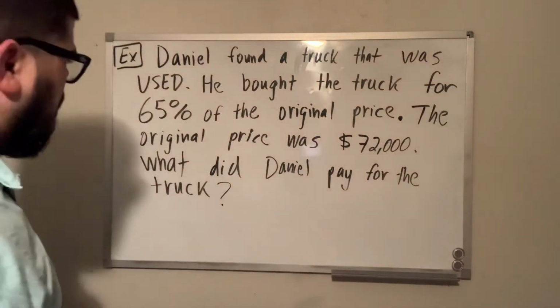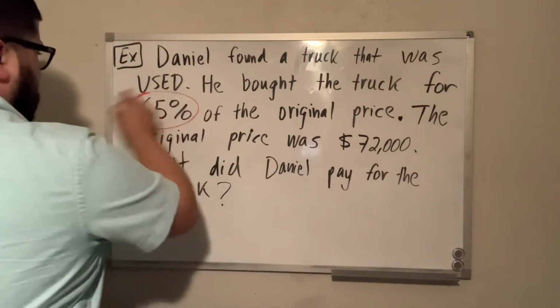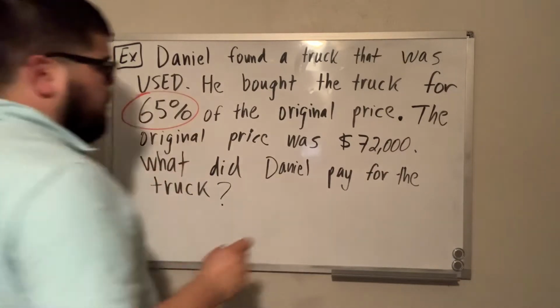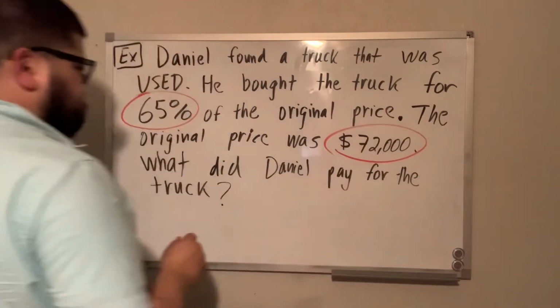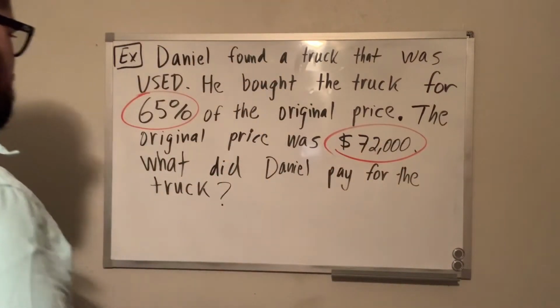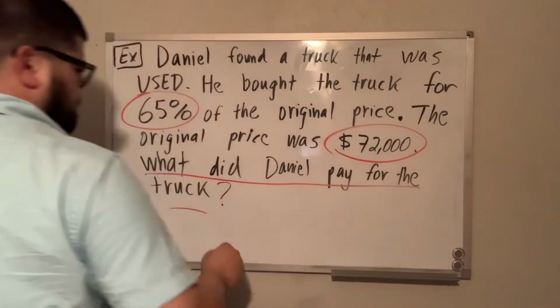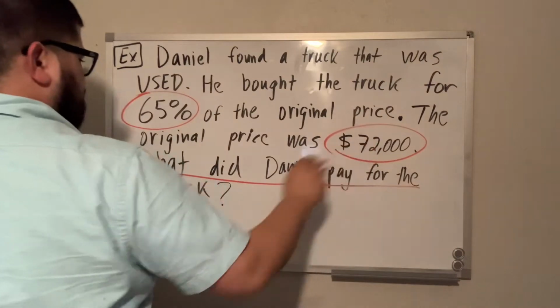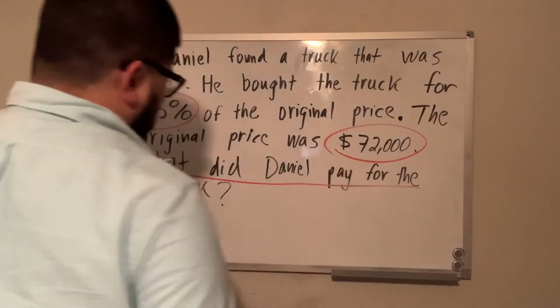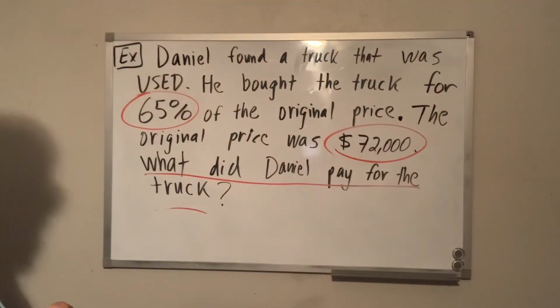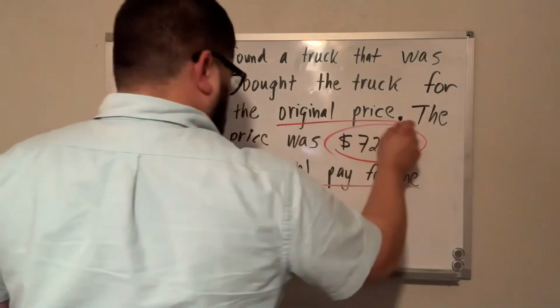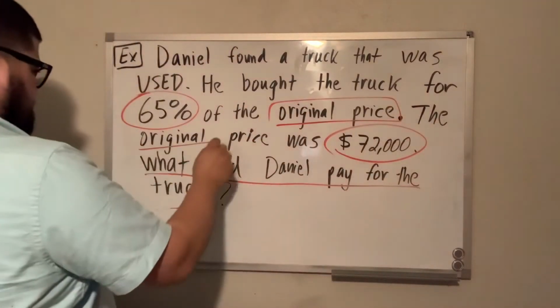All right, so we know we're going to need the 65%. We are going to need the original price, right? We know we need those, okay? Underline the question. What did Daniel pay for the truck? He did not pay $72,000. All right, box keywords. Keyword is original price. Same thing here, original price.